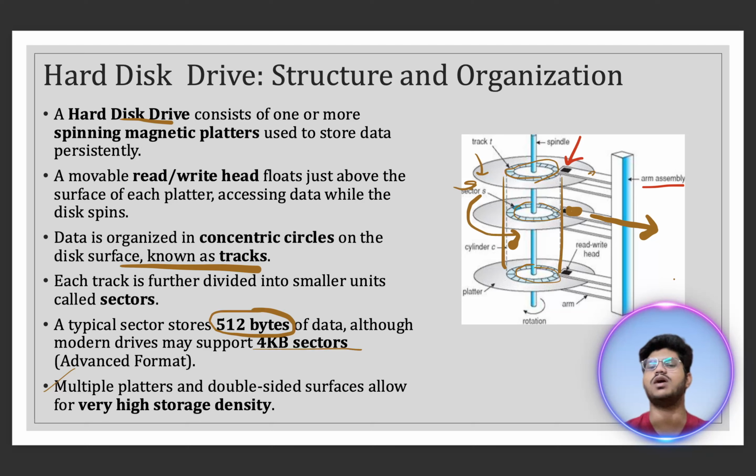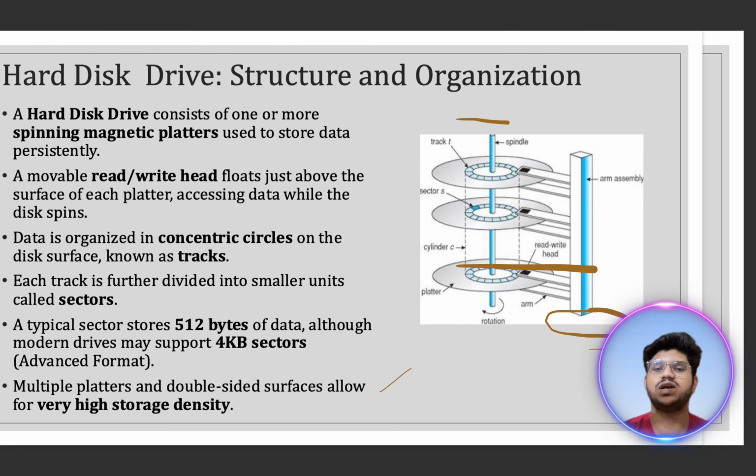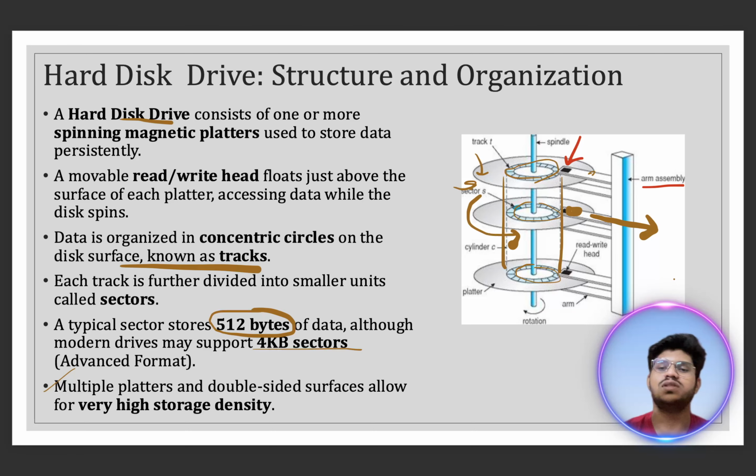So if I try to formally define it, a cylinder is a collection of tracks that are present one below the other, at the same level, meaning at an equal distance from the center. When the disks are rotating, all disks rotate at the same time, so the read and write head can access the data on these tracks in parallel.